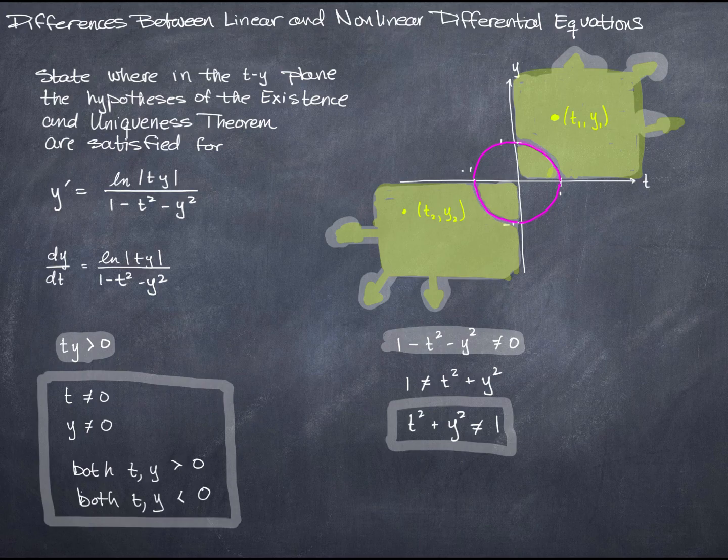Now, this is not a rectangle, but when I find my specific solution, let's say it's here, t naught, y naught, I will be able to establish a rectangle around this point.